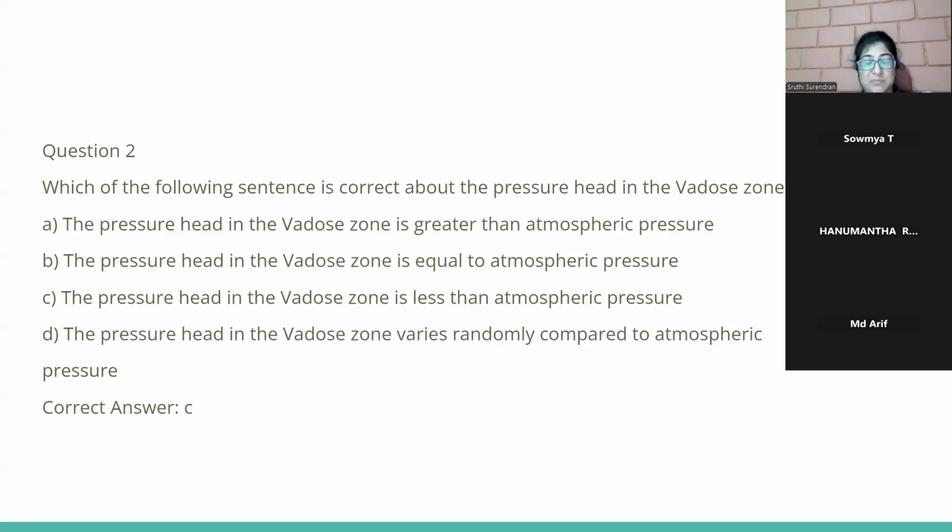It is only partially saturated with water, so the pressure will be less than the atmospheric pressure.